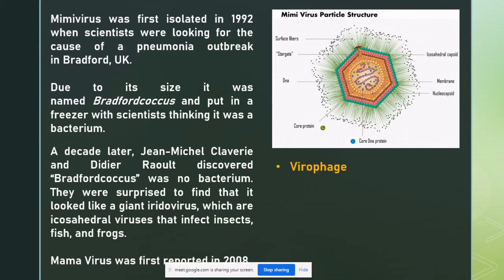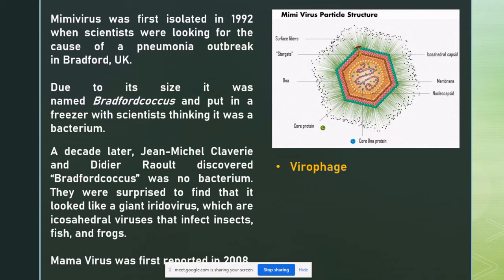Then came a new term as scientists tried to study this further. They understood that there is something called a virophage. Just as we have bacteriophage, we have something called a virophage. So what is a virophage? A virophage is something wherein a virus requires another virus for causing infection, something called co-infection.